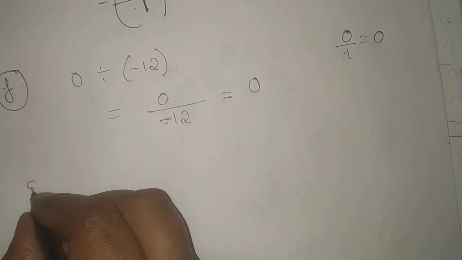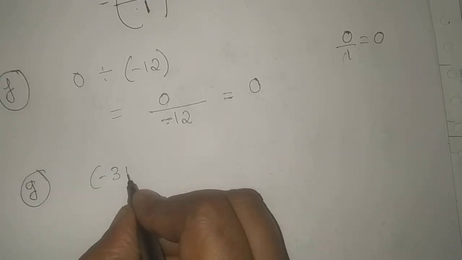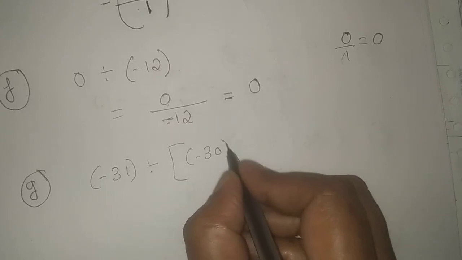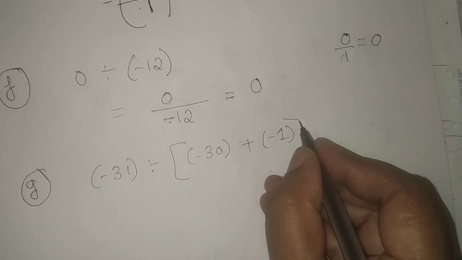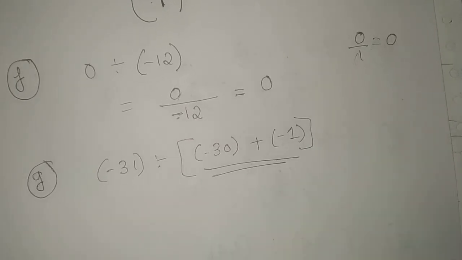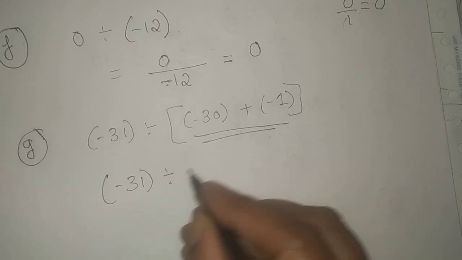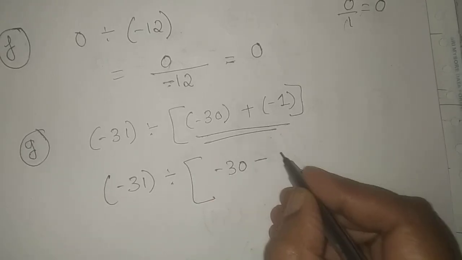Then we move on to G. G is minus 31 divided by minus 30 plus minus 1. What we have to do? We have to solve the bracket first. So write down minus 31 as it is. Then minus 30 minus 1.